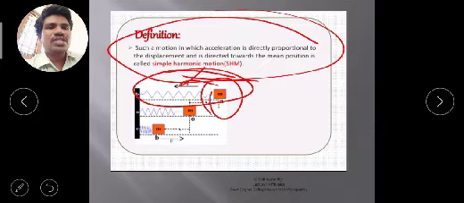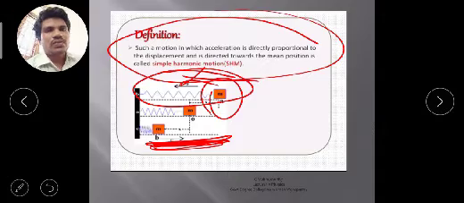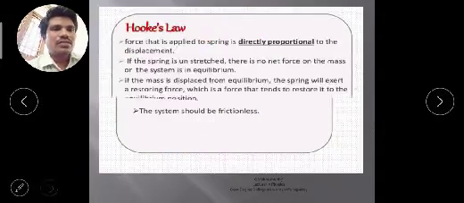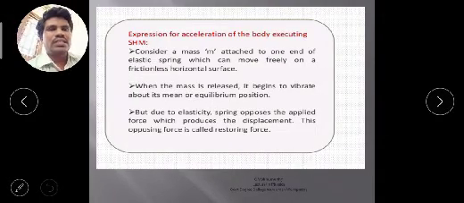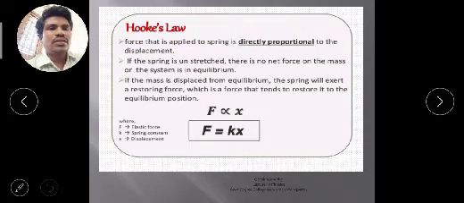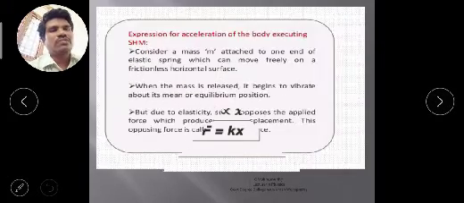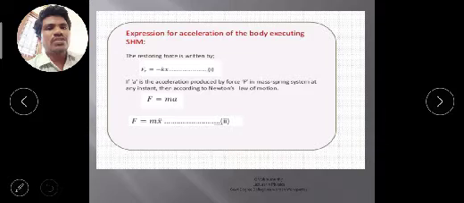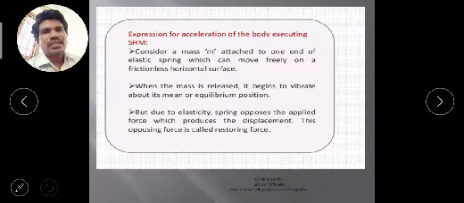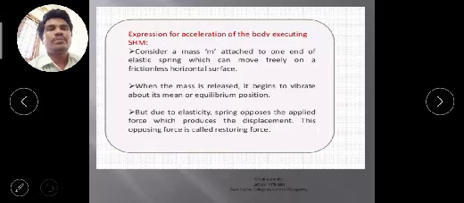After stretching, we release the spring, and then it will vibrate about the mean position. That force is called the restoring force. If no restoring force acted on the spring, then the spring could not come back to the mean position.